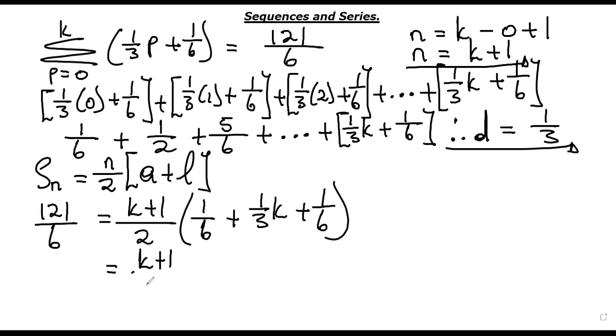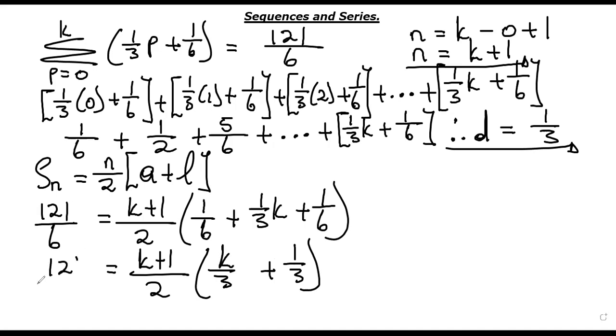So if you simplify the bracket, 1 over 6 plus 1 over 6 is a third. So you have 1 over 3k plus 1 over 3. Do you see that? And instead of me writing 1 over 3k, I'm simply going to write this as k over 3. Well, of course, the sum is still the same, 121 over 6. Then what do we say?